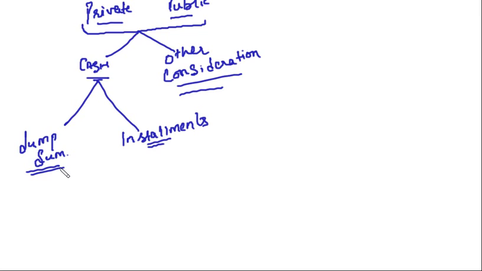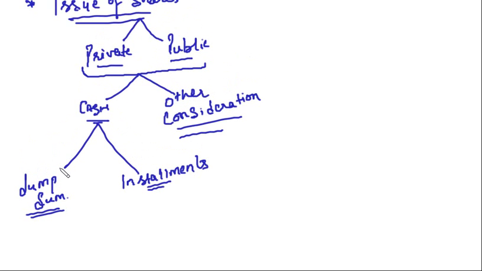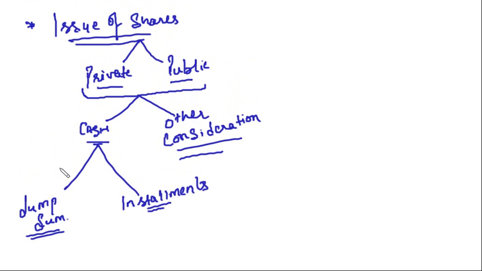So now, what is issue of shares? Issue of shares can be private or public. Then it can be for cash or other consideration. Then when we talk of cash, it may be either received in lump sum or the company decides to receive it in installments. Clear, friends? This much.